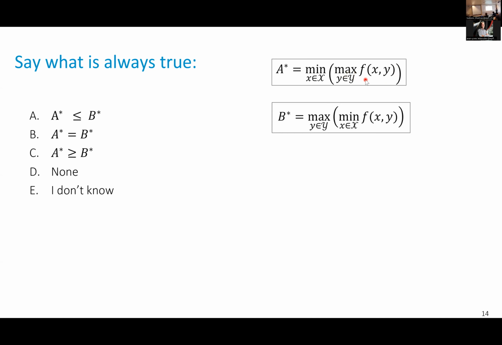I can do several things. I can maximize with respect to y, and so the result of this depends on x. And then I take the minimum with respect to x, and I can reverse the order. What happens if I do that? That's the question of this quiz.